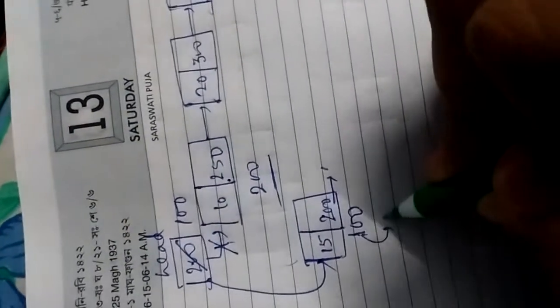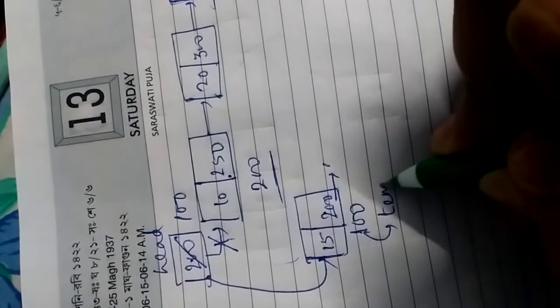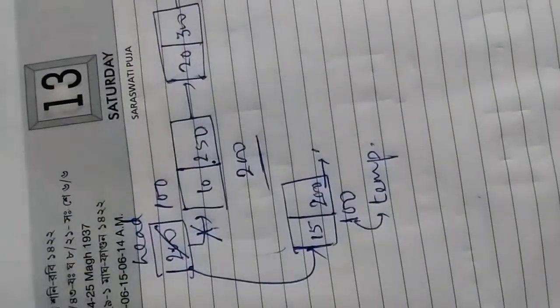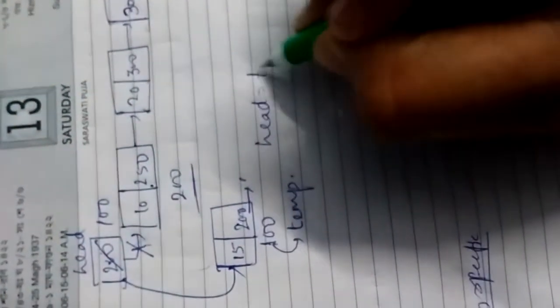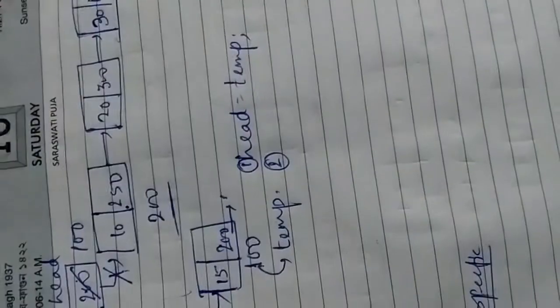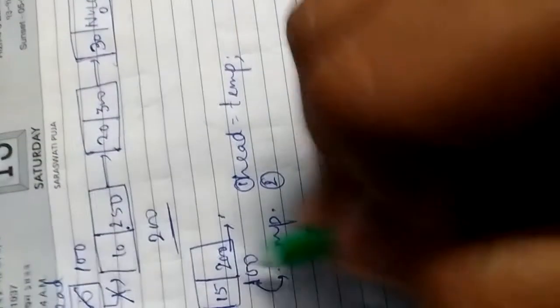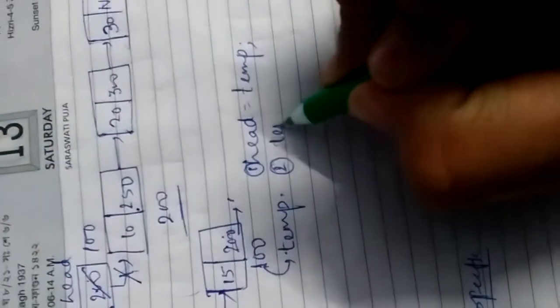Let's give this node the name temp. So head will be equal to temp. This is the data field and this is the link field.